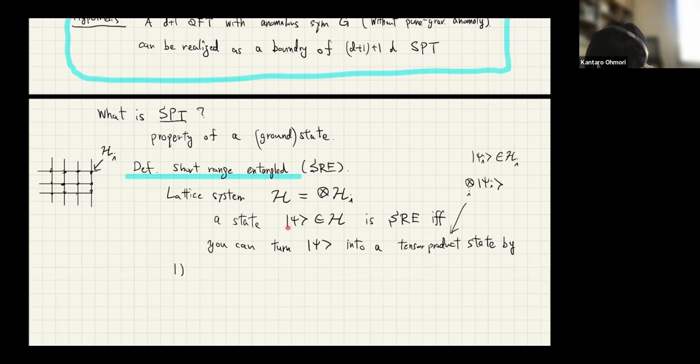A general state has entanglement between the sites, so the general state is not a tensor product state.